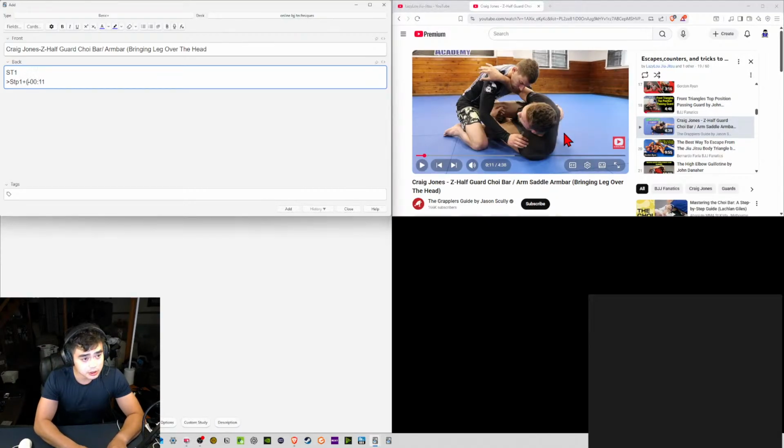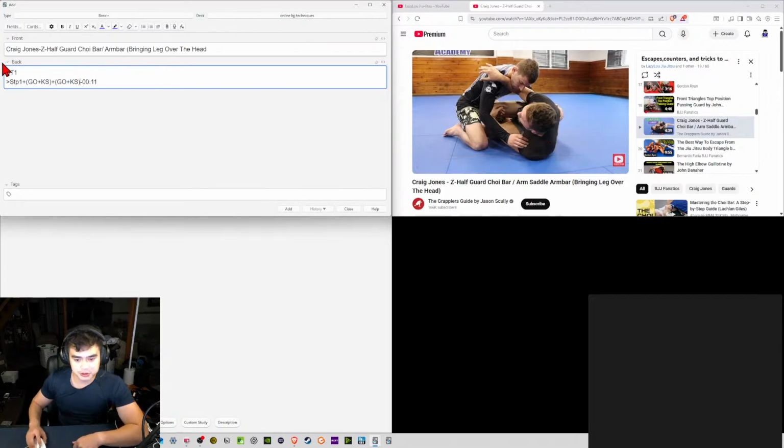Go over plus keep safe, plus go over plus keep safe. These are what I call blocks. Basically, I convert the knowledge I'm confronted with into code form, converting complex information into blocks.